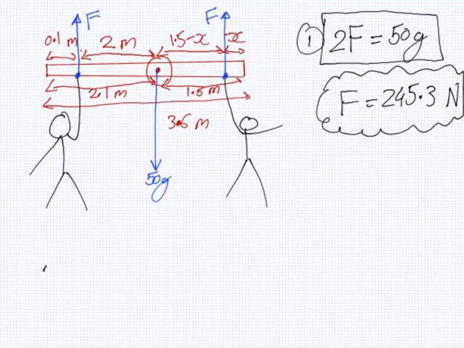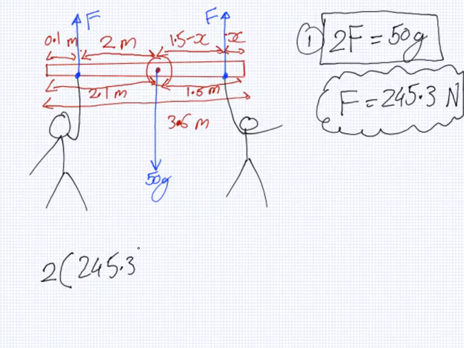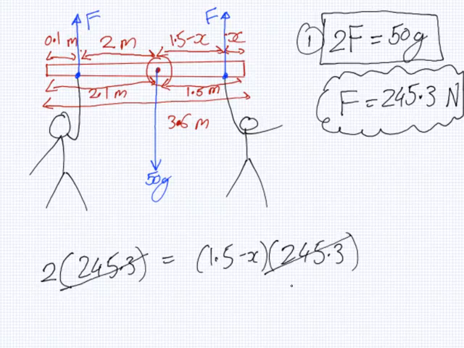So we have 2 times F should equal 1.5 minus x times F. Is that right? Yep. Okay. Well, that's actually nice. I didn't even need to find the F because they actually cancel.